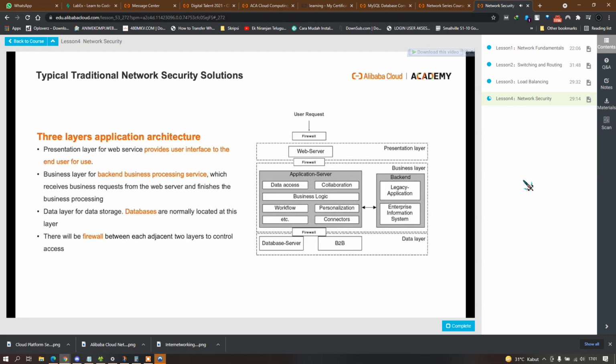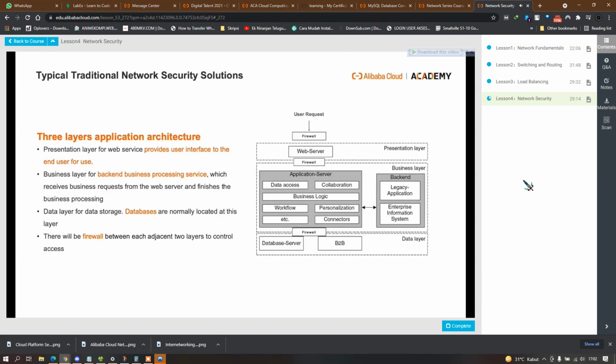And in this architecture, there will be a firewall between each two nearby layers to control access. For example, between the presentation layer and the business layer there will be a firewall. And also between the business layer and the data layer, there will be a firewall. So with this architecture, we can make sure that any one layer will not be affected by another layer that is protected by the firewall.